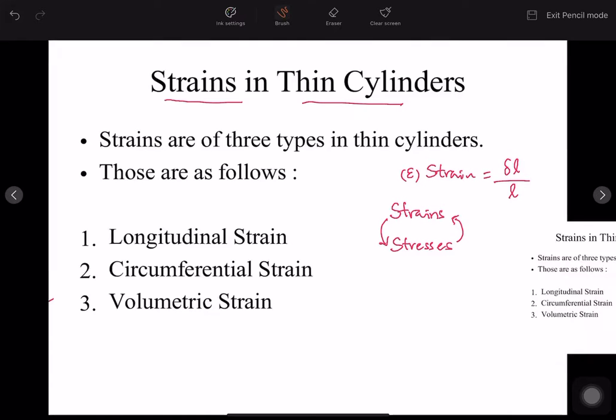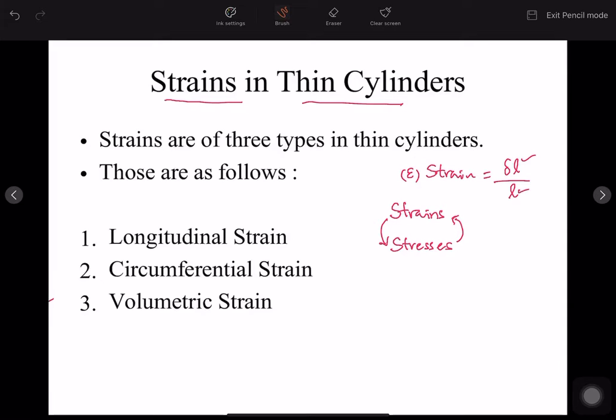It can be length, breadth, or height. It doesn't have any units. These are the basic things we need to know.